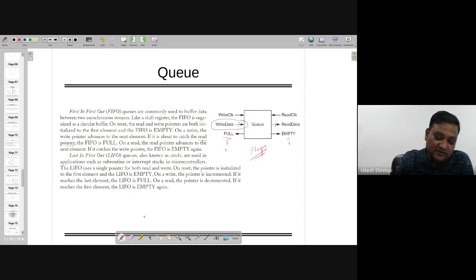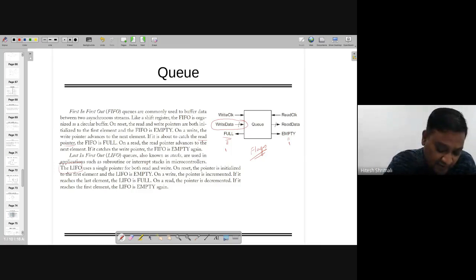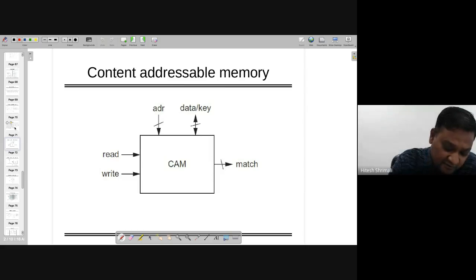In that case, you need to design a circuit accordingly, or you can say it's a kind of FSM, finite state machine, which is going to be useful to make such a circuit, right?